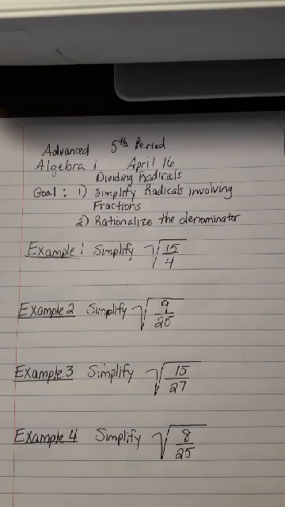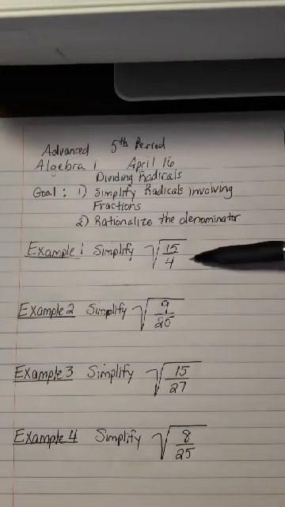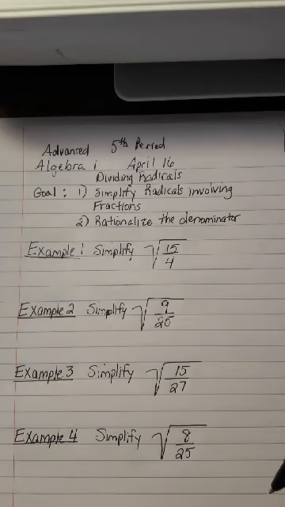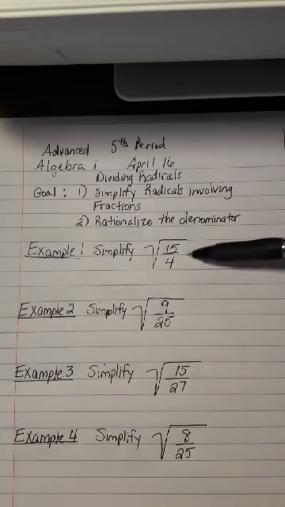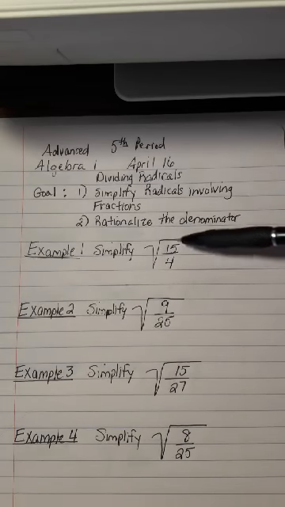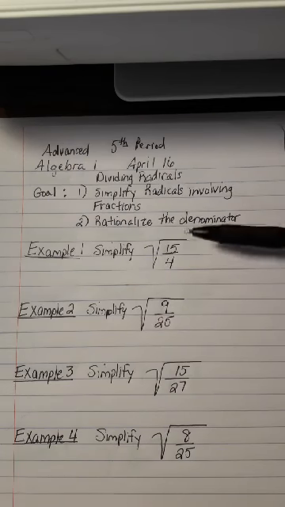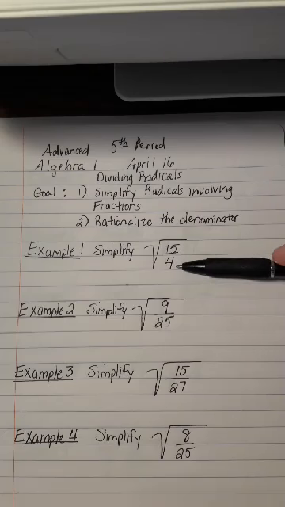All right, example 1. We're going to simplify the square root of 15 over 4. Now, what you need to do is recognize that that entire fraction is under the square root symbol. Because of that, you basically have to take the square root of the top and the square root of the bottom.